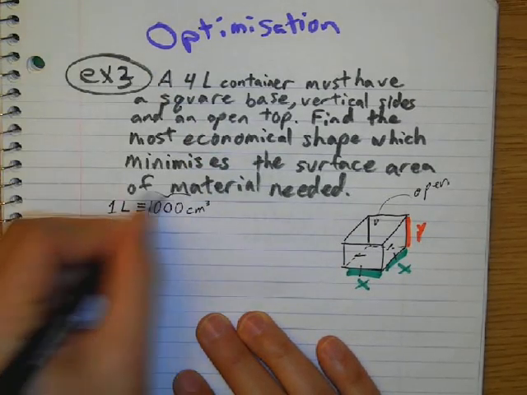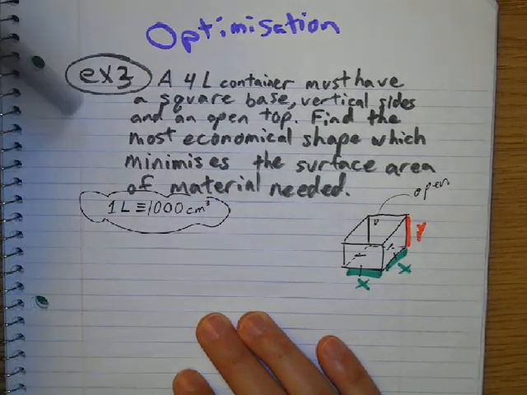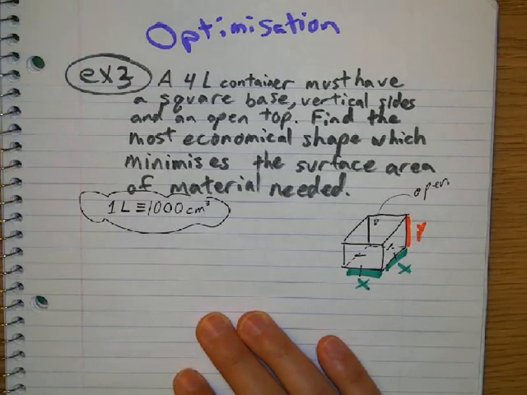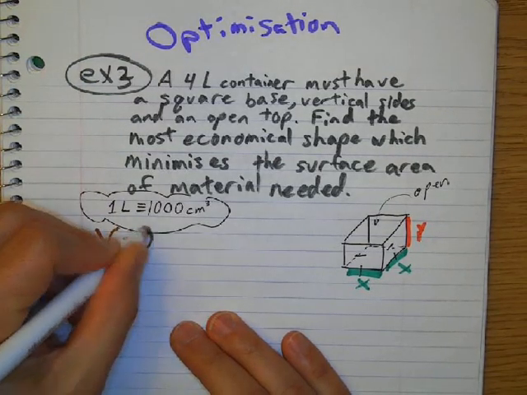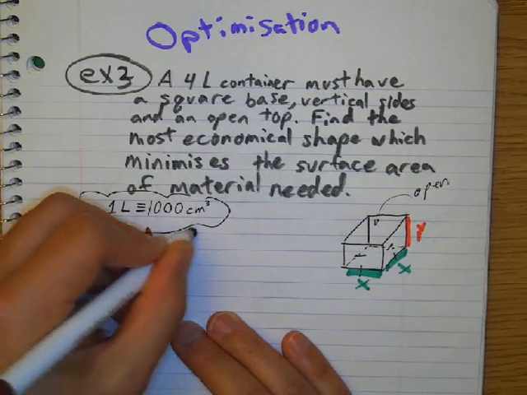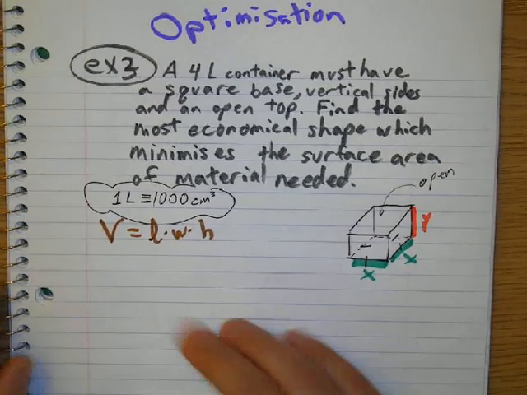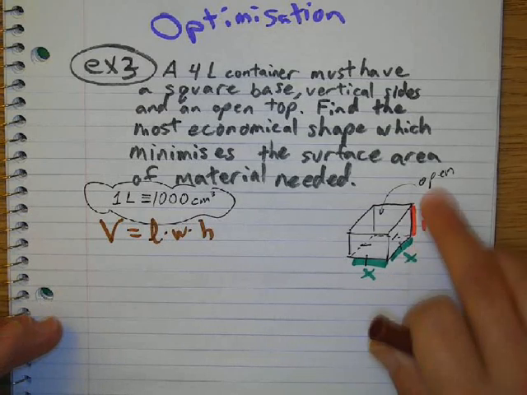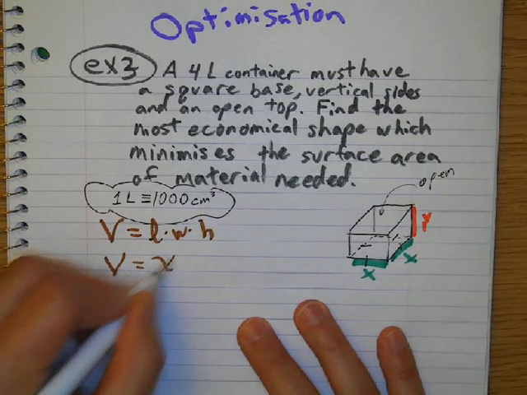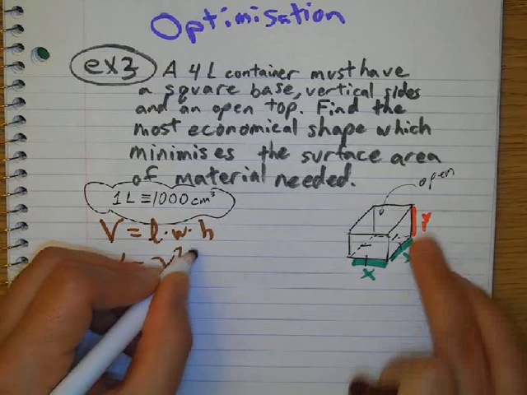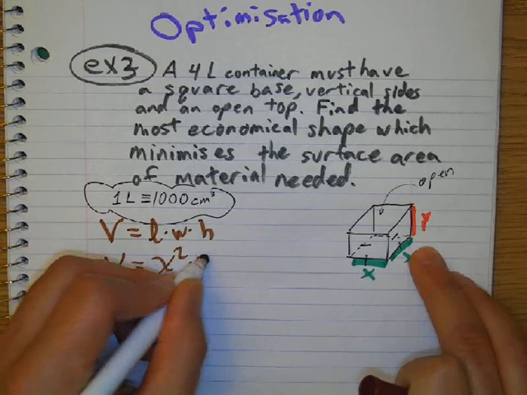So we have to start off with that. Our volume formula is length times width times height, so the volume is equal to x squared times the height, which I'm calling y.